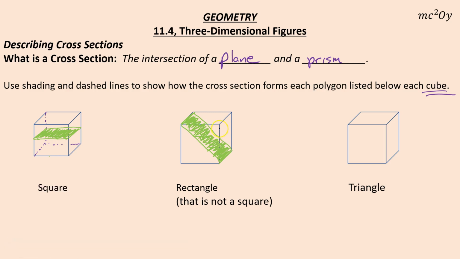So let's actually draw these lines back in here, so it'll be a little easier to see. Okay, so there's your cross section, just kind of like this one should have that line drawn back in. That'd be your cross section. So it goes from edge to edge diagonally, and you now have a rectangle. This is congruent to that. That's congruent to that. Okay, whereas on this one we had all congruent.